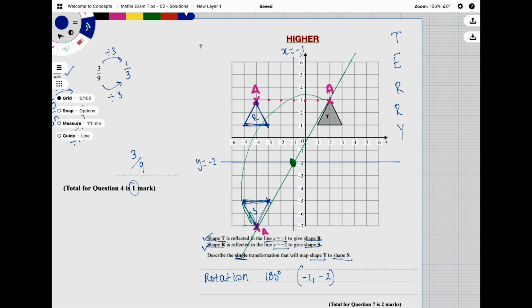Just double check: T reflected to R, reflected to S, and you've got the rotation. If you want to check with tracing paper, by all means do so, and you'll see that it rotates about -1, -2.